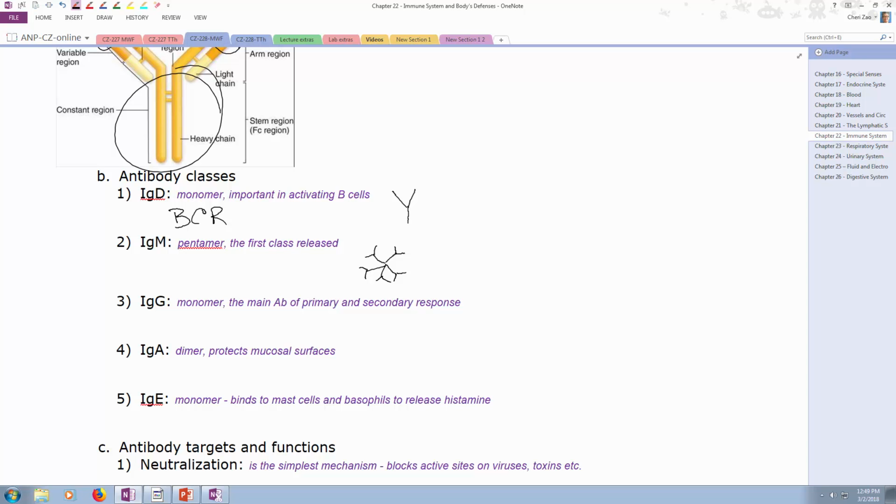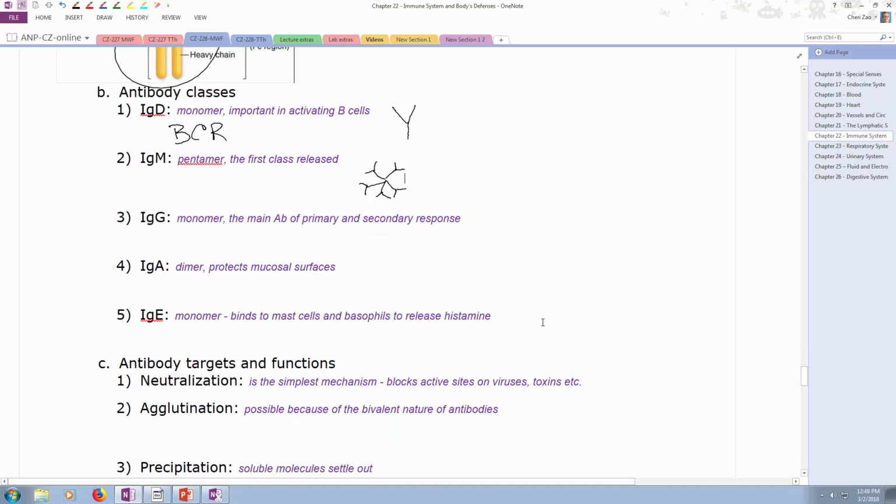Is it easier to produce a pentamer, or is it easier to produce a monomer? A monomer. This also contributes to a delay in your response for antibody levels. So first class released in your first activated cell.